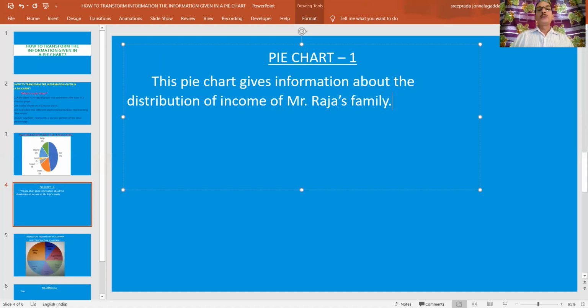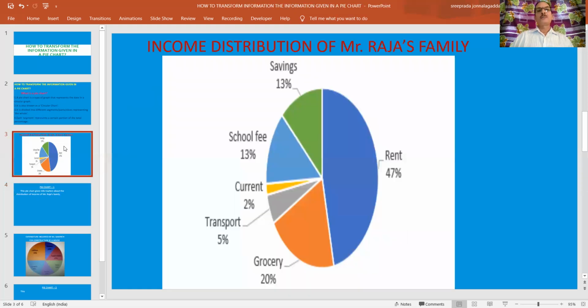So first of all, you have to write what is given just above the pie chart. The first sentence must be about the heading or the title sentence. And then how much percentage is allotted to or spent on rent? 47%.